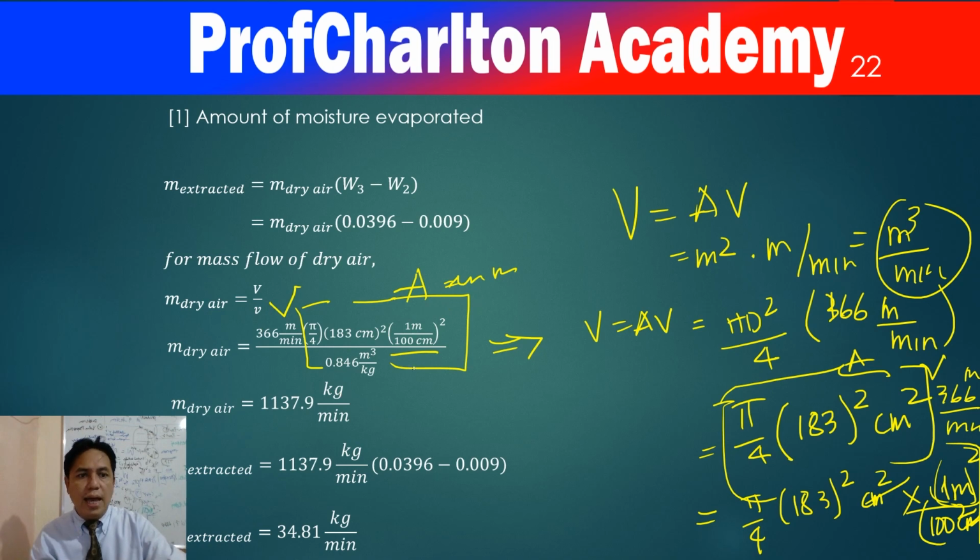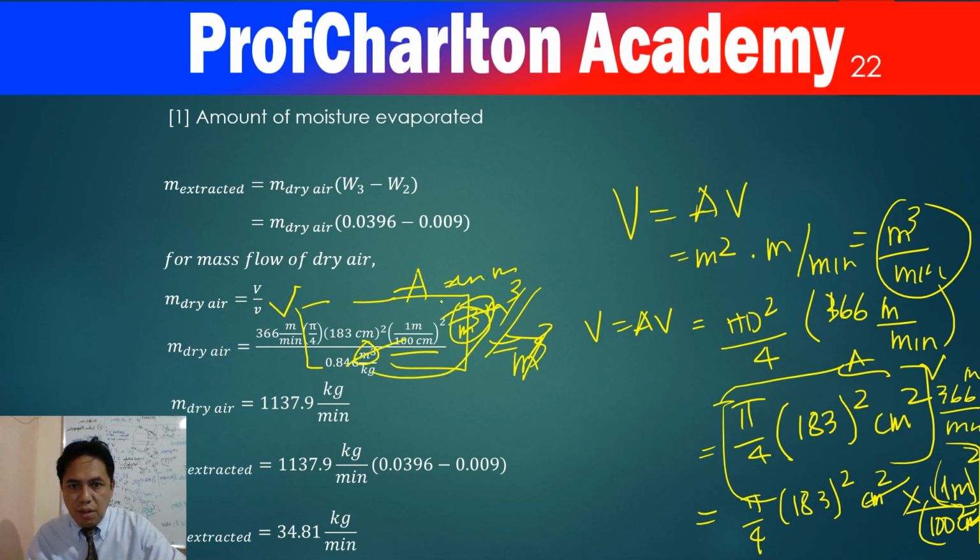So you will have a kilogram per minute because the meter cube here and the meter cube here will be cancelled.